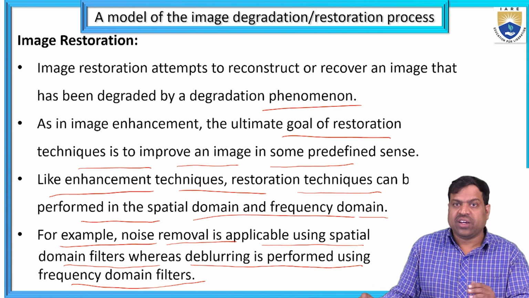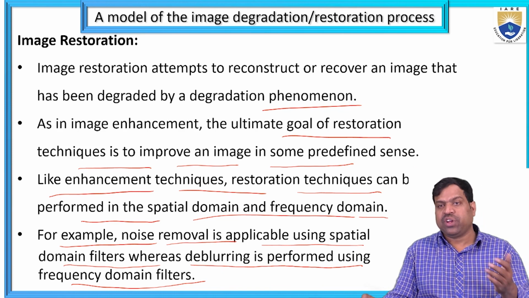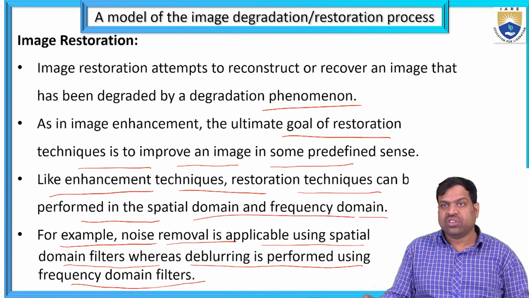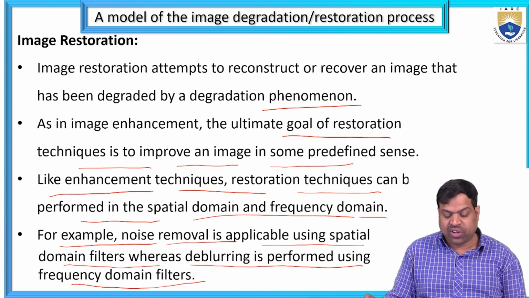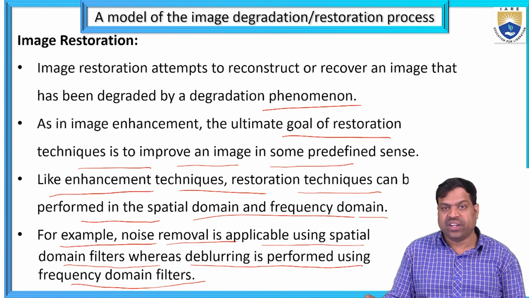But like image enhancement, restoration techniques can be performed in the spatial domain and the frequency domain. In both domains we are using restoration and degradation techniques, but finally what we are calling it is an enhancement technique.